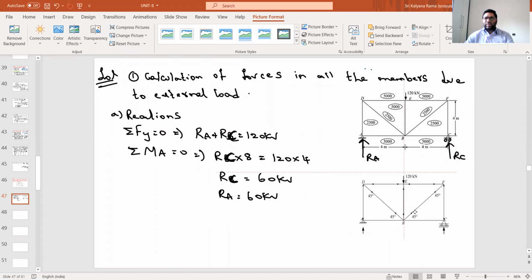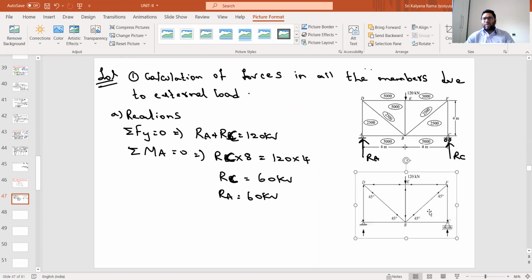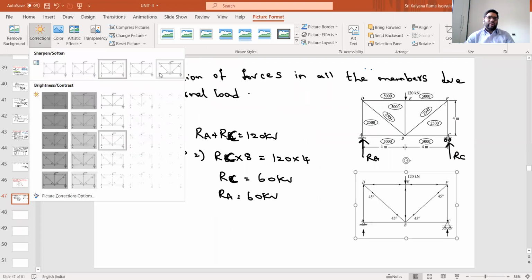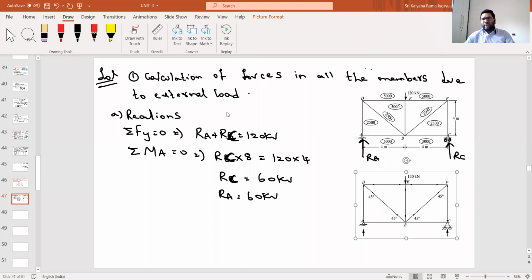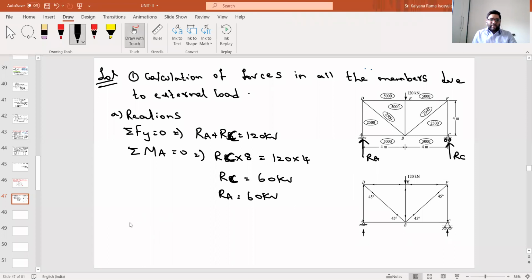So we need to take 120 kilonewton as the external load, and all the inclinations are 45 degrees, because you see here tan theta is equal to 4 by 4. So tan theta is equal to 1, theta is equal to 45 degrees. That's what you can see here.